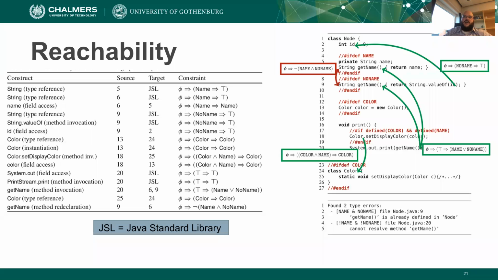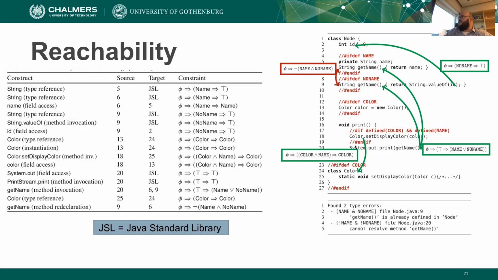Now the target of that call is the Java standard library. We know that target is going to exist. So our constraint just notes that getting to this line implies that we need to be using the feature name. So if it is, then the full constraint is met. Name implies true.